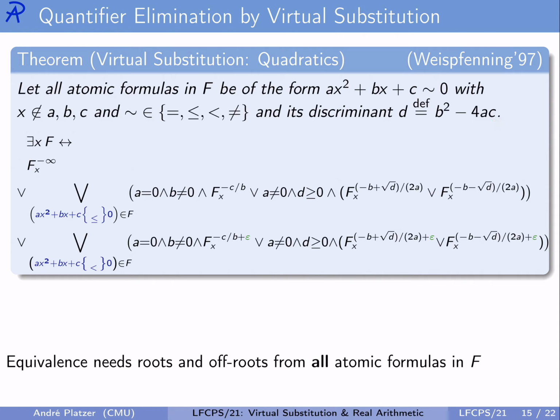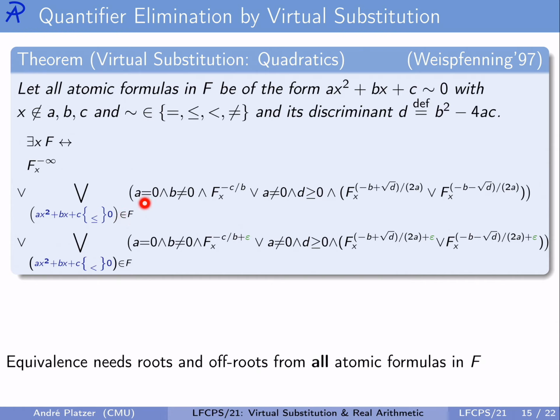Just to abbreviate the notation, then there is an x such that f is true if and only if, we've already seen it, either f is true at a really, really tiny little number, minus infinity, that's where these inequalities help, or, and now it depends, for the weak inequalities or the strict inequalities, for all of the ones we find in the formula f, do we write down its characteristic behavior.